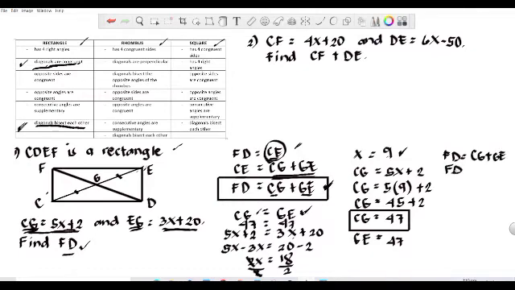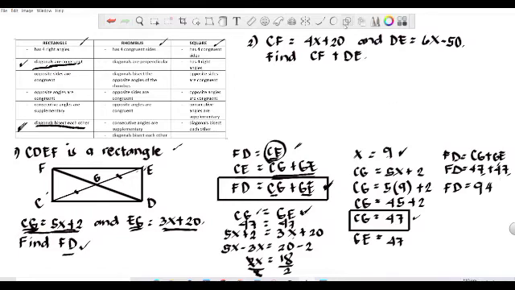Okay? So, the diagonal FD is equal to yung nakuha nating value ng CG, which is 47, plus value ng GE, which is also 47, or 47 times 2. So, FD is equal to 7 plus 7 is 14, carry 1, plus 4 is 5, plus 4 is 9.